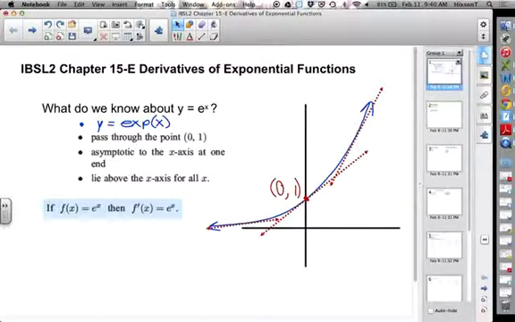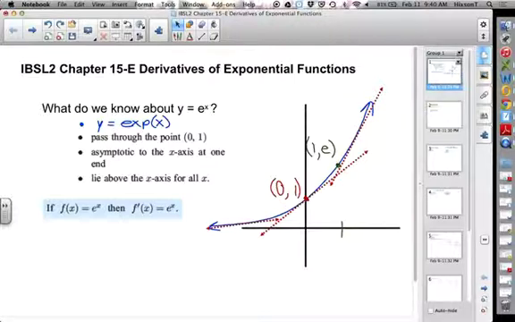Alright? We mentioned already the point (1, e), 2.718, and so on. So here's the point (1, e). So what's the slope of the tangent line at x equals 1? It's e. So that's pretty nice.